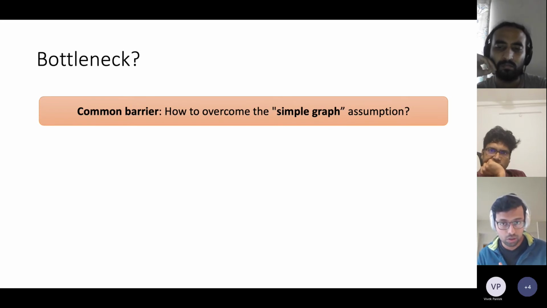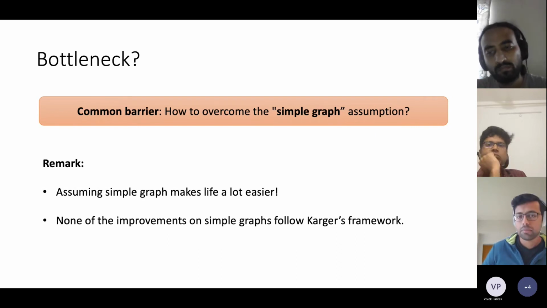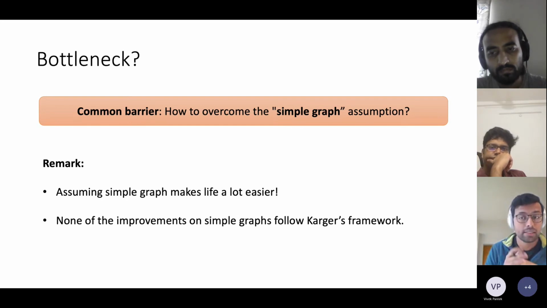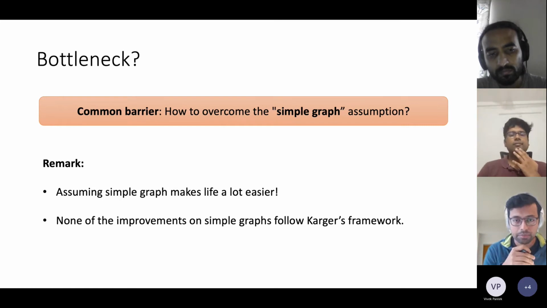You might search for the common barrier. So just two remarks. If you assume a simple graph, your life becomes a lot easier, because you have a proper bound on the number of edges in the graph or any subgraph, so you can do sampling and other things which are usually done in randomized algorithms.